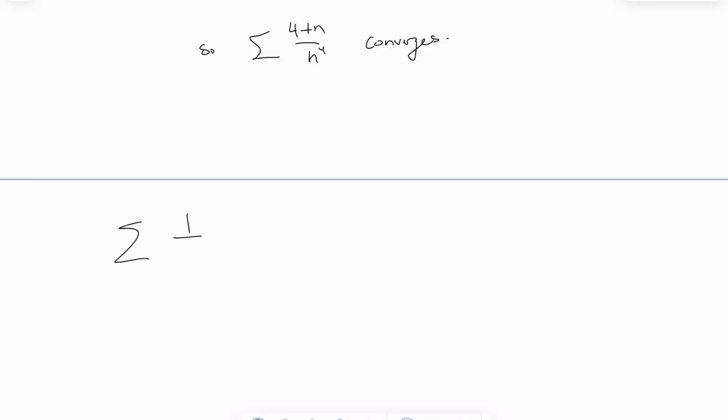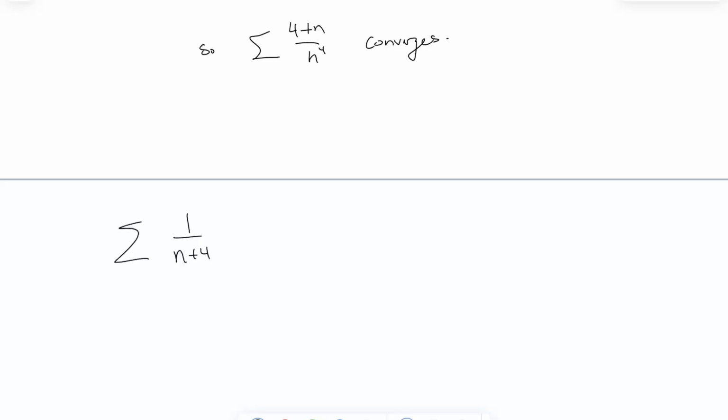Let's try that one which I sort of left you hanging on before. This one you could actually do with the integral test, but I want to do this instead using the limit comparison test. This one actually does diverge, but let's try and do this with the limit comparison test.